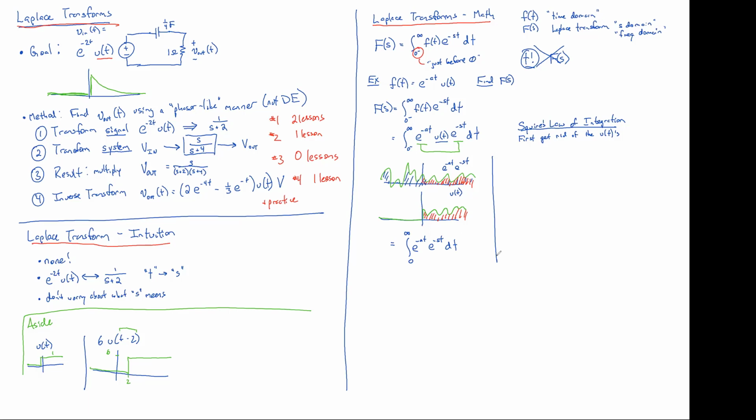Now, notice how different that is than if we had something like, we want to take the integral from 0 to infinity of e to the minus at times u of t minus 3, e to the minus st dt. Can you see for now, you can't just ignore that u, because now for this one, it's doing this.